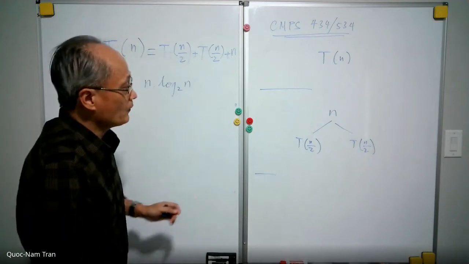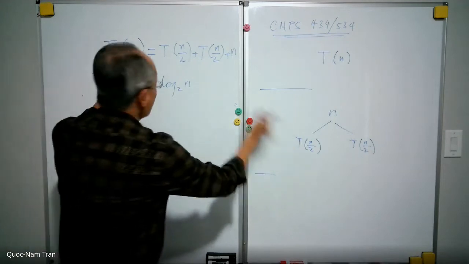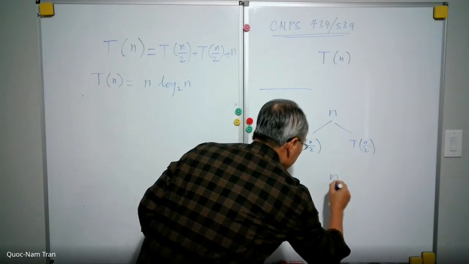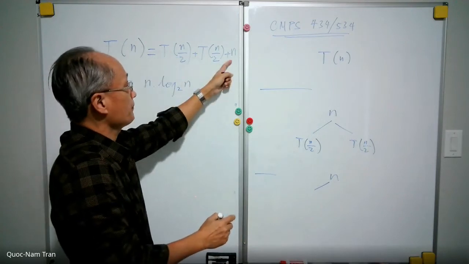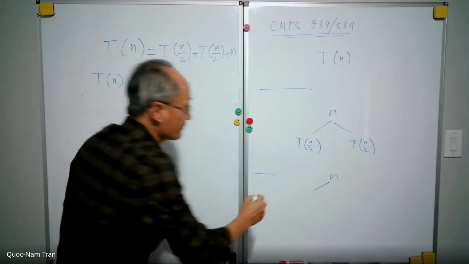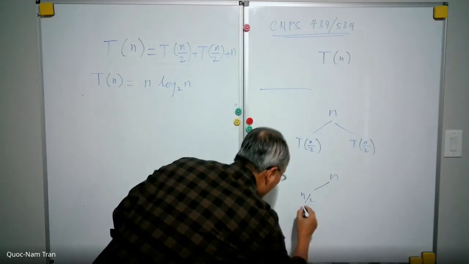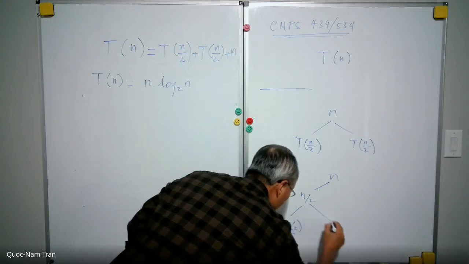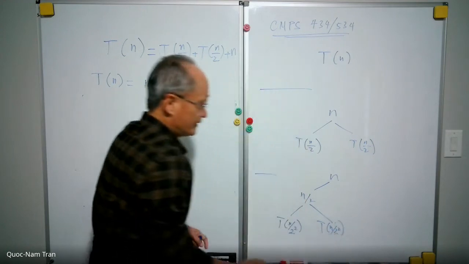And one more step, we will replace this one by replacing n with n/2. So here I will repeat this one. Then T(n/2) will be n/2 plus T(n/2/2), plus T(n/2/2).